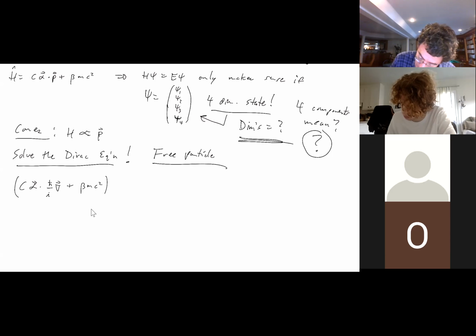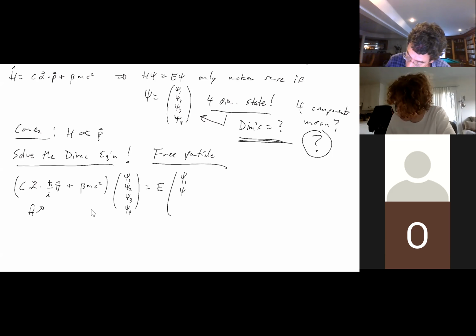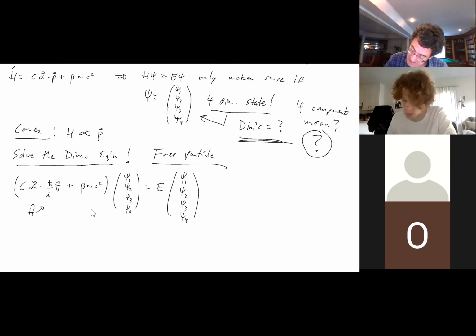So that's the Hamiltonian, times psi. And psi, of course, has these 4 components. We don't even know what they are yet, but we know there's got to be 4 because beta and alpha are 4x4 matrices. And so this is the Dirac equation that we've derived. We derived this whole thing. Okay, so that's what we have. H psi equals E psi, and now let's solve this. So to solve it, let's make an assumption.